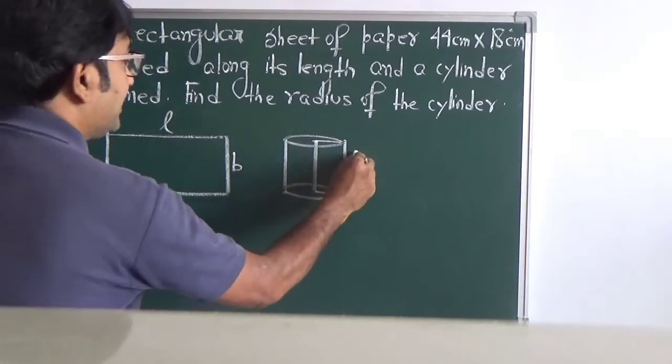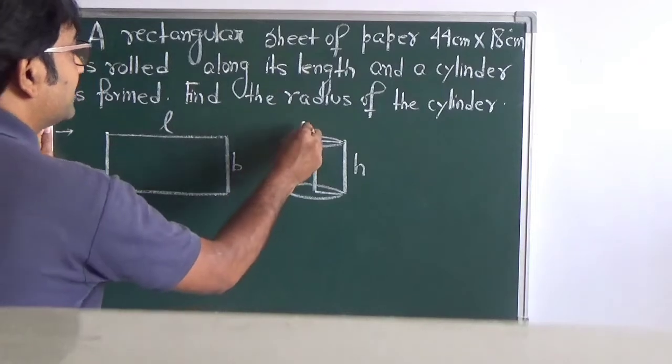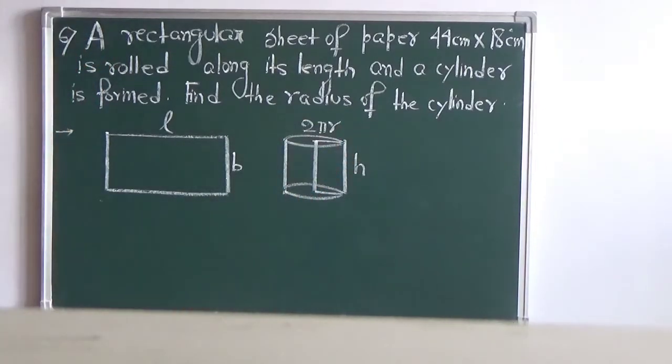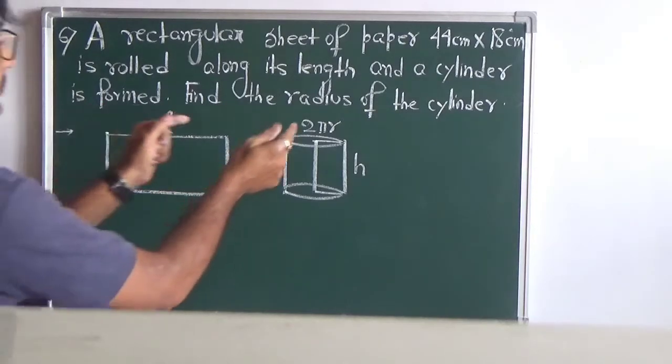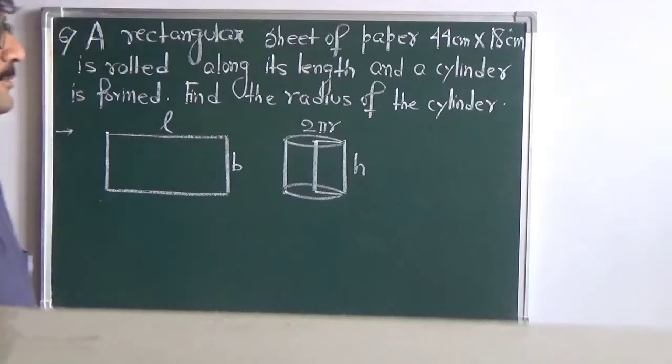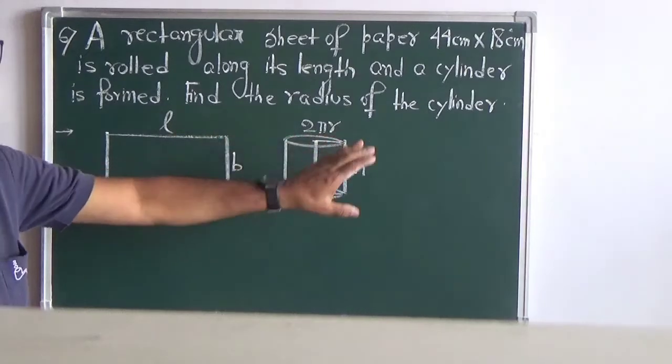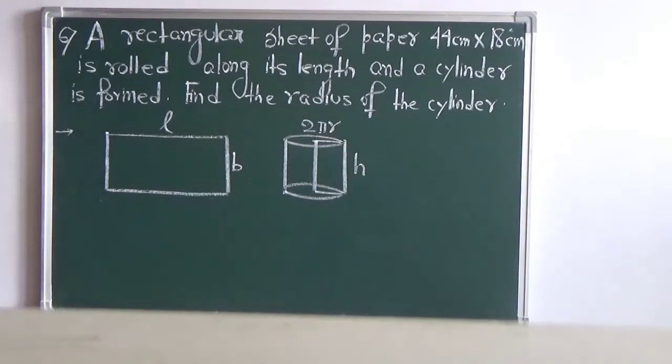This breadth becomes the height of the cylinder and the length becomes the circumference, that is 2 pi r. Okay, is it clear? The length, when it is rolled along the length, becomes the circular part, and the breadth of this rectangular sheet of paper becomes the height of the cylinder. Now it becomes easier for us.